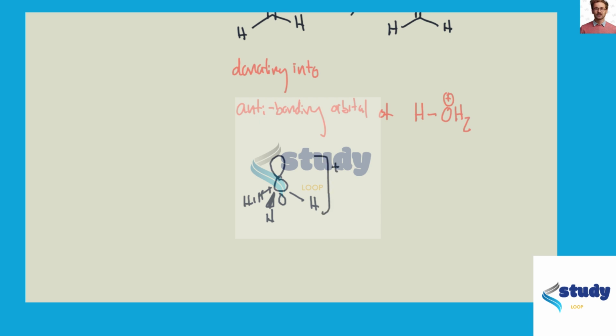We have a bonding orbital. Right? How do we know this is a bonding orbital? Because there is significant electron density between oxygen and hydrogen, right?